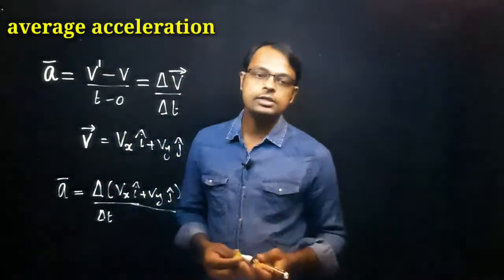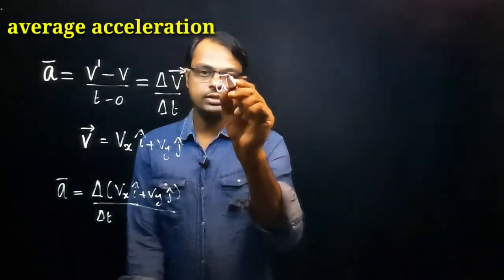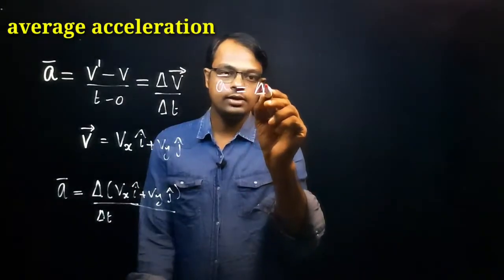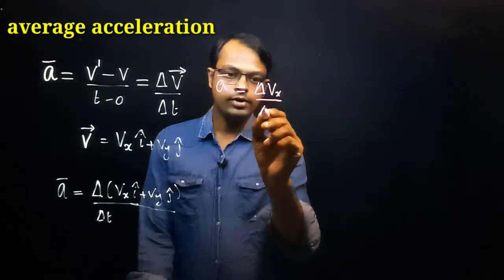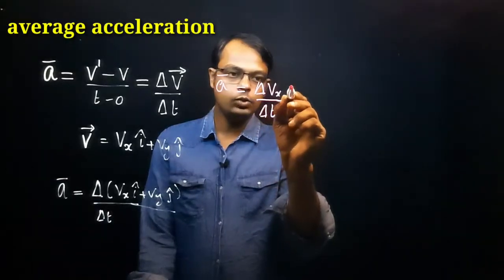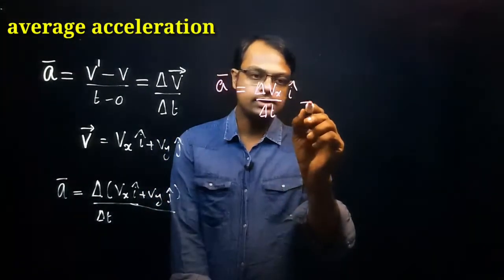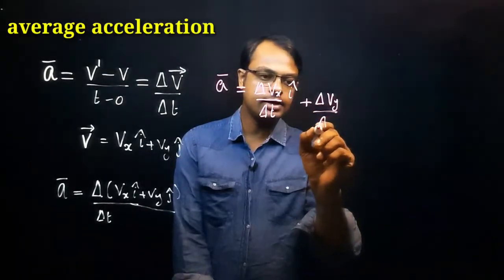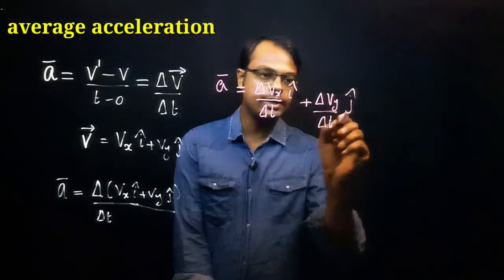So average acceleration a bar is equal to delta vx divided by delta t into i cap plus delta vy divided by delta t into j cap.